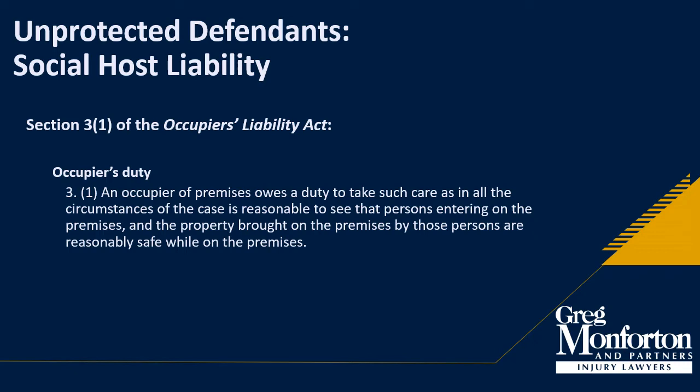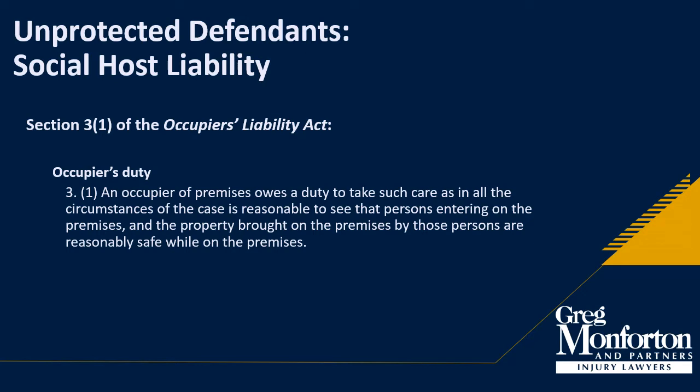In addition to the liability that's found in the Liquor License Act, there is also the Occupier's Liability Act that applies. And Section 3 of the Act mandates that an occupier of premises has a duty to ensure that all patrons are reasonably safe while on its premises. So the bartender has a duty not only to prevent overservice, but to prevent safety of these individuals.